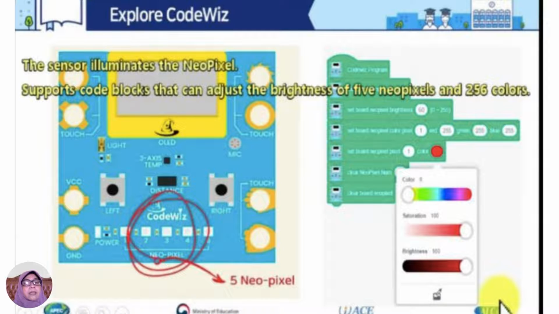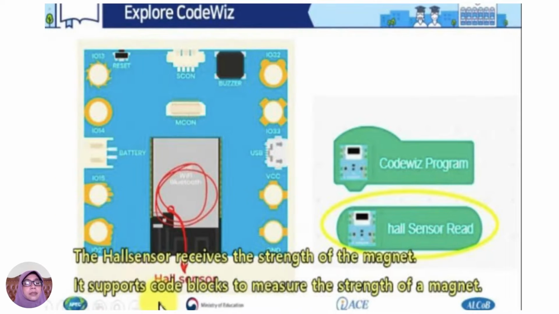The sensors illuminate the NeoPixel, and it supports code blocks that can adjust the brightness of 5 NeoPixels and 256 colors. The Hall sensor receives the strength of a magnet.